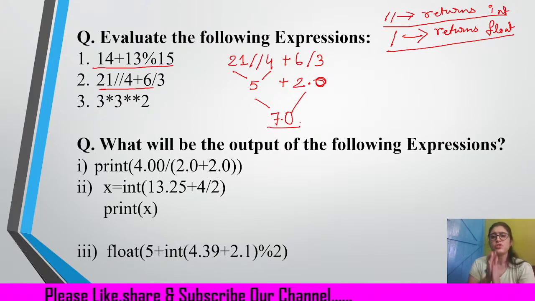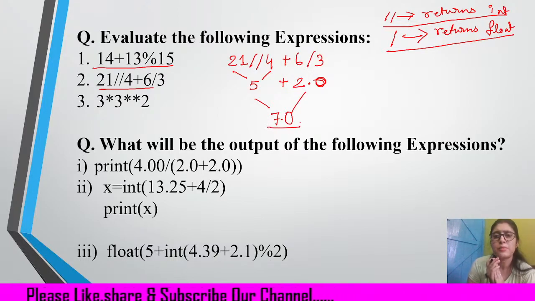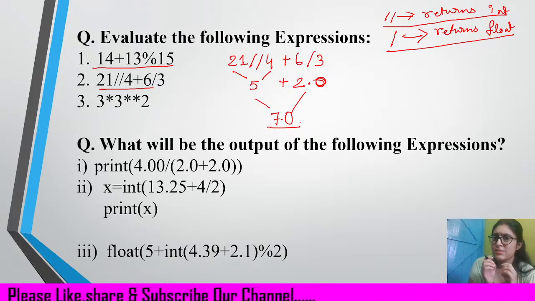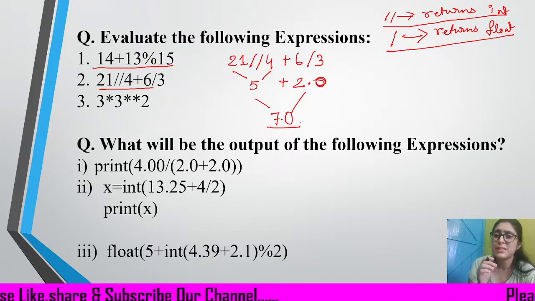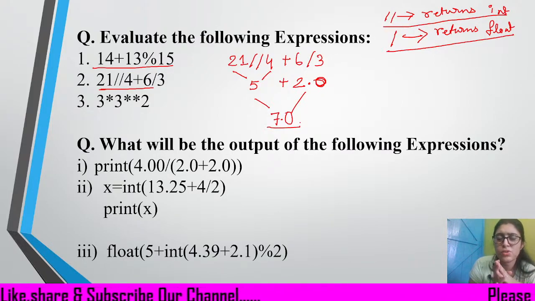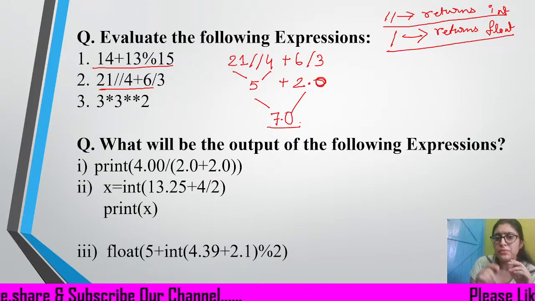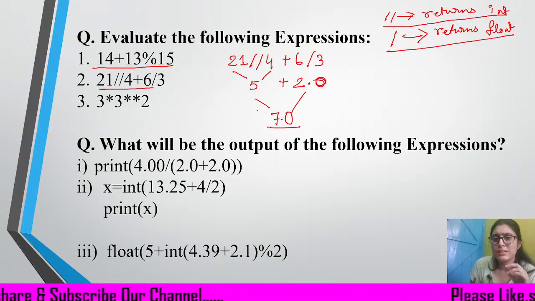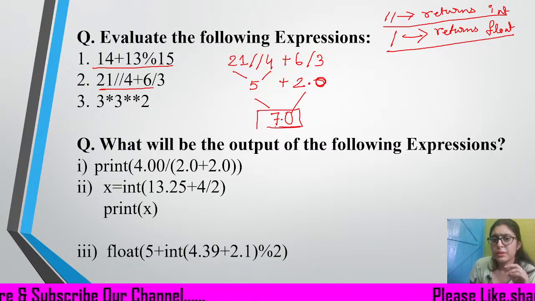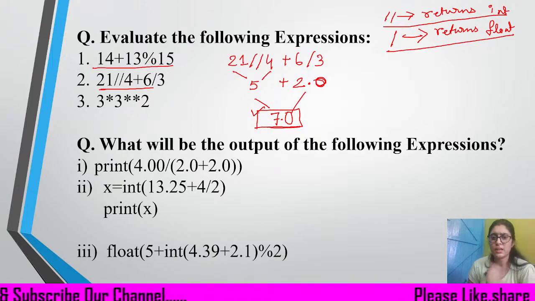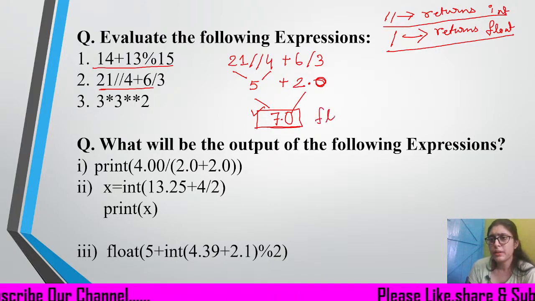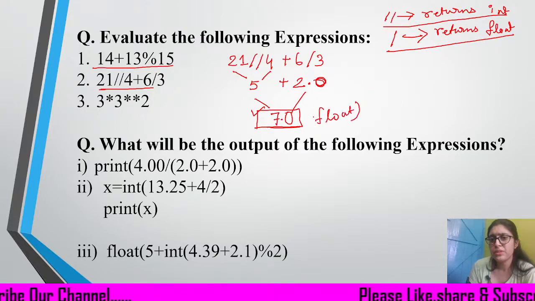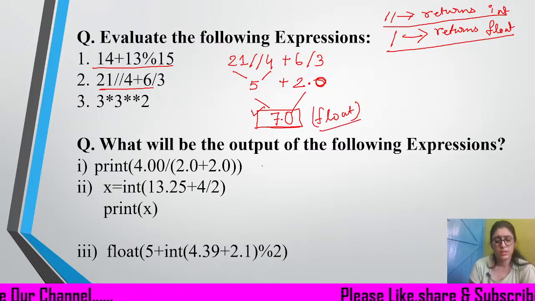In multiple choice questions, several times students make the mistake of choosing 7, not 7.0. Maybe 7 is also given, 7.0 is also given. It is very tricky. You have to choose 7.0. That is the correct answer actually. And what is the data type? Definitely it is float.